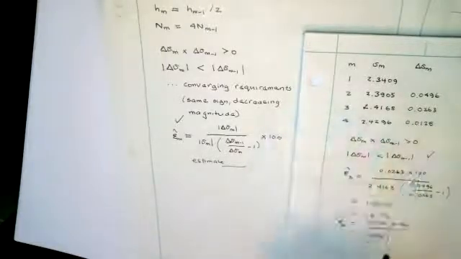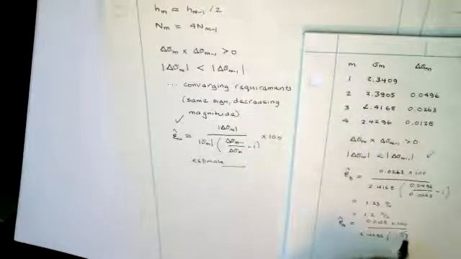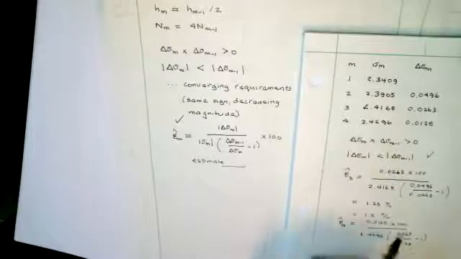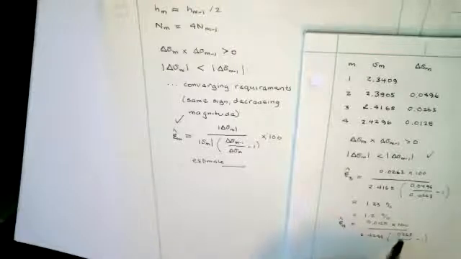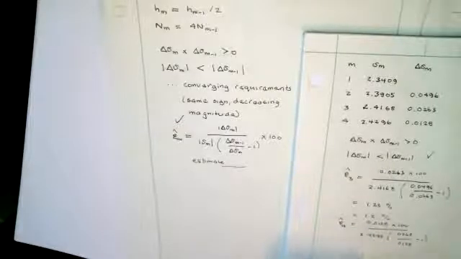Then this quotient, 128 times 2, 254. This number is a little bit bigger than 1, not much, but this number is close to 1. And this number is about half of that. We get 0.50%.